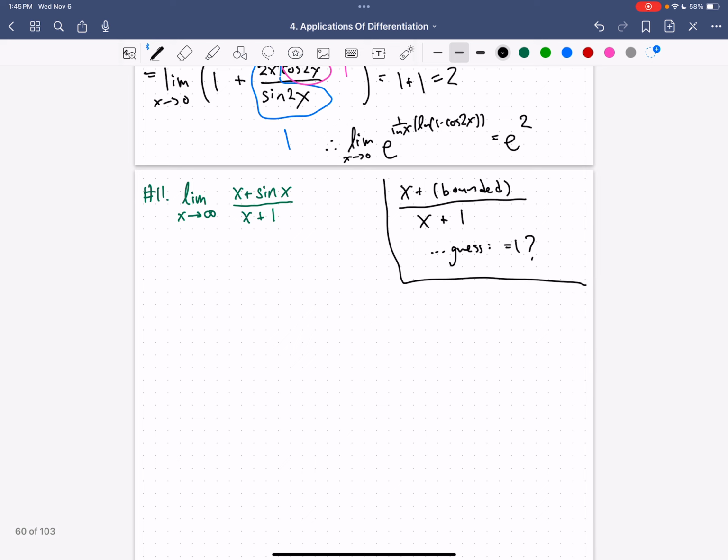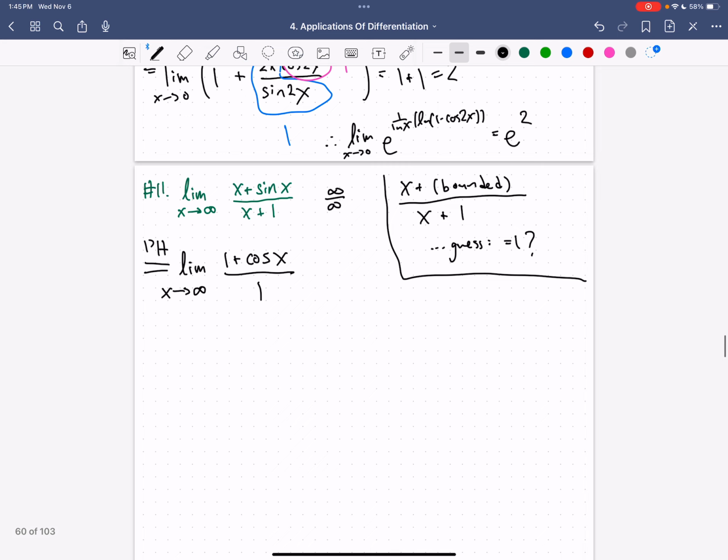So as x goes to infinity, we have infinity over infinity, so we can use L'Hopital's rule. By L'Hopital, this is the limit as x goes to infinity of 1 plus cos x. Oh, wait. We might not need to do that, actually. Okay, if we do that, let's see, we get cos x.